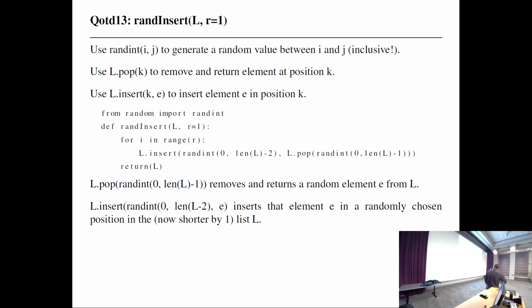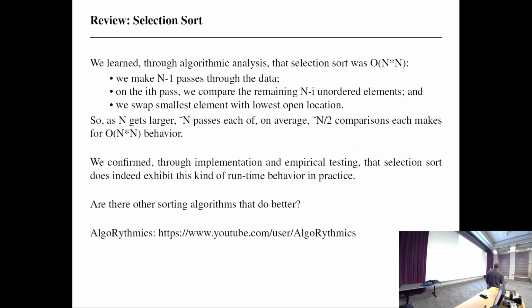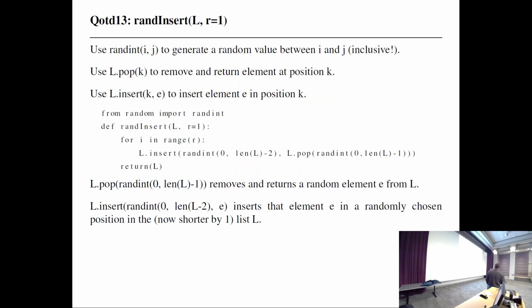So it's because I'm evaluating these left to right that I have to subtract 2 from this length of L. If I had done this, as some of you did, where you say x equals this value here, and then inserting it, I would have been able to do length of L minus 1, because L would have changed and the length of L would have been evaluated after that change. As it stands, length of L here is evaluated prior to the pop, and I have to account for that. So they can be tricky here as well.